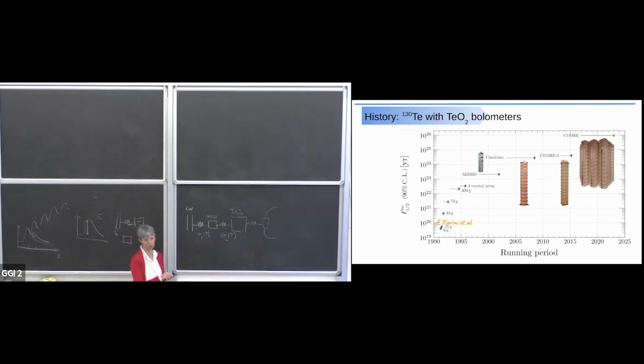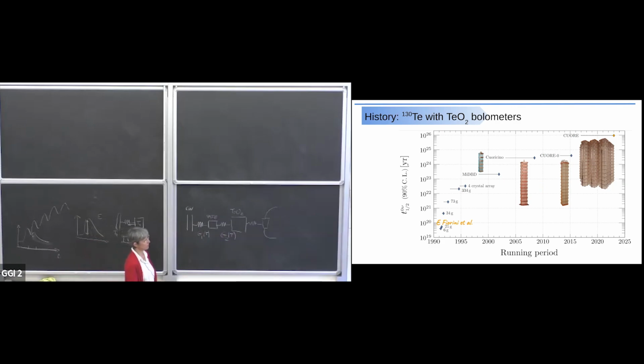But I remind you that sensitivity and also this result depends on the mass, the exposure, mass times the duration of the measurement, and the background. So you don't see in this plot, but we did increase the mass, but also reduce the background.